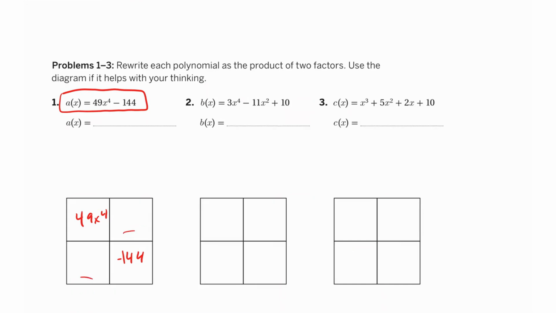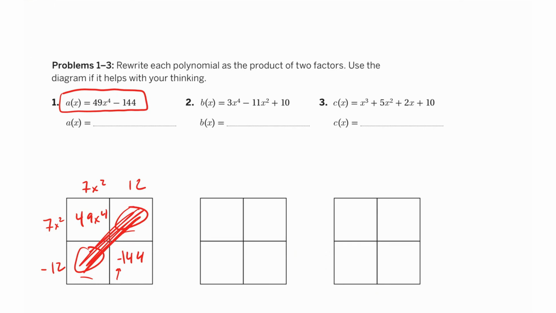The only way to do that with a difference of squares is that this has to be 12 and this has to be 12, and only one of them has to be negative, because when one of them is negative, that makes this term the negative version of this term, canceling each other out, giving me just 49x to the power 4 minus 144.